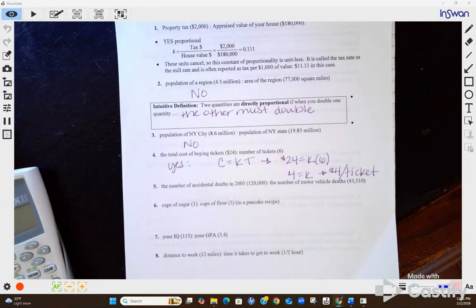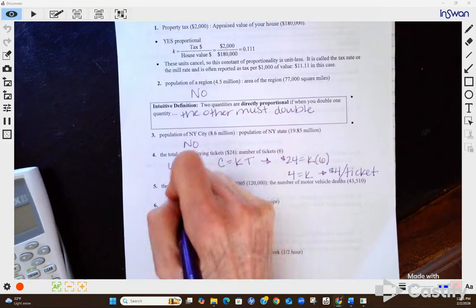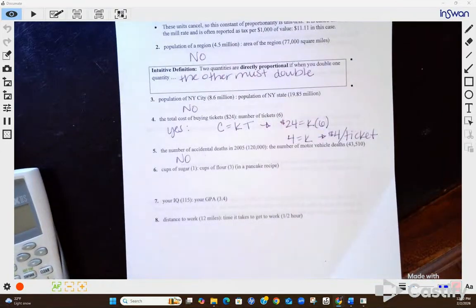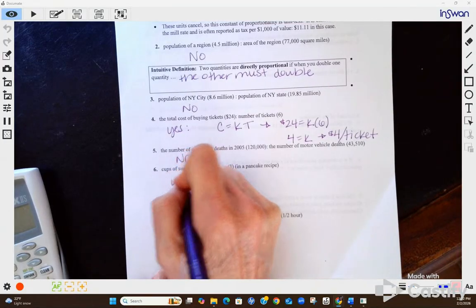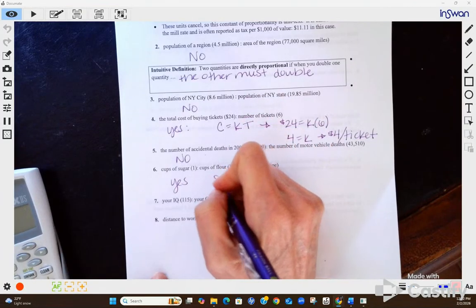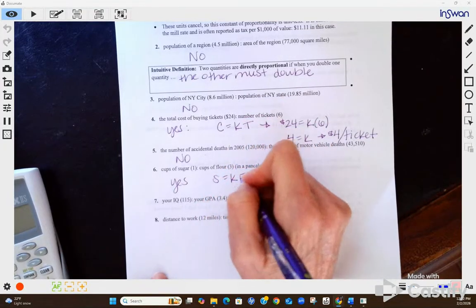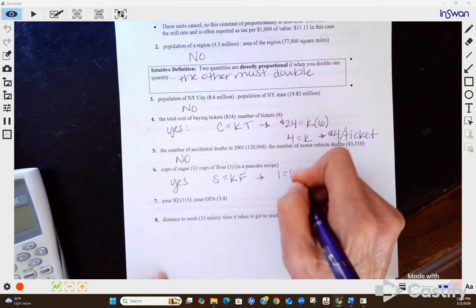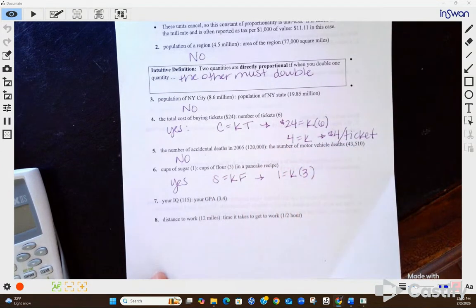The number of accidental deaths versus the number of motor vehicle deaths. Again, we said those were not proportional. Cups of sugar versus cups of flour in a specific recipe. Yes, those were proportional if you want to keep the recipe the same. So let's do cups of sugar is proportional to the cups of flour. And it said there was 1 cup of sugar for every 3 cups of flour.